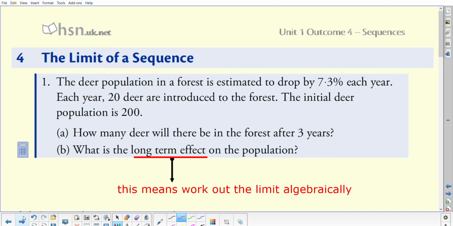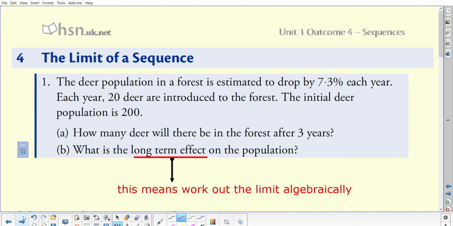And you'll see in the following example, like this sort of thing, the long-term effect is used in the question. So the deer population is estimated to drop by 7.3% each year. They're also hoping to introduce another 20 deer into the forest. Your initial deer population is 200.